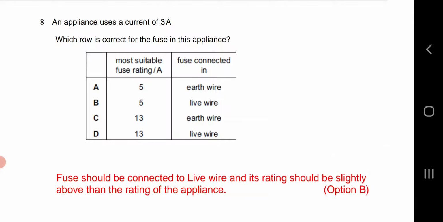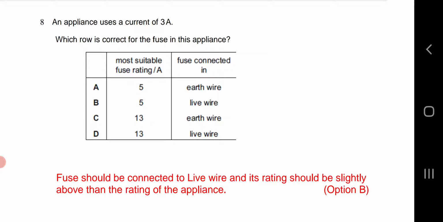Question number 8. An appliance uses a current of 3 ampere. Which row is correct for the fuse in this appliance? So the fuse should be connected with the live wire. The fuse should not be connected either with the neutral wire or with the earth wire.